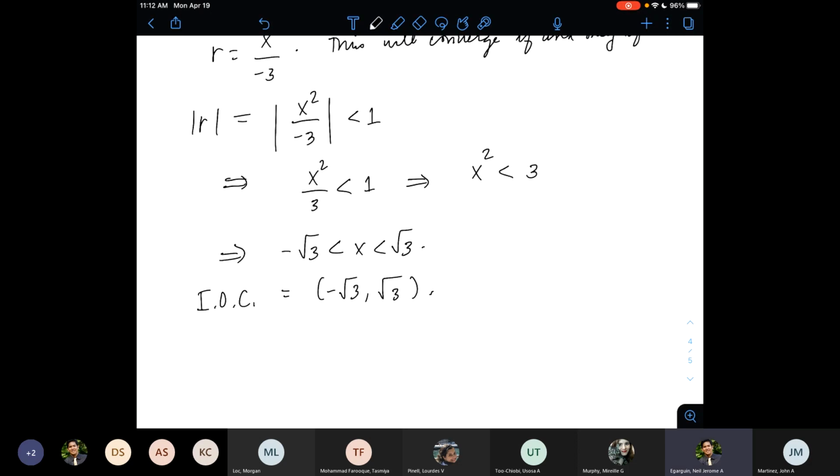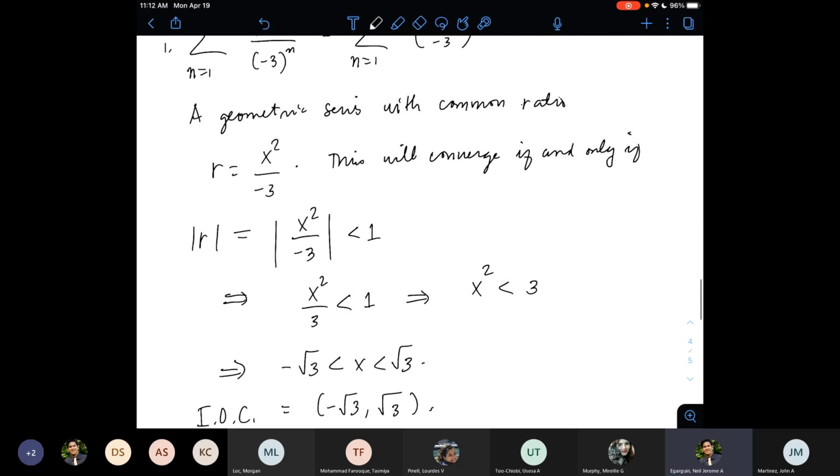If you use the ratio and the root test, you would have needed to check at the endpoints, because at plus or minus root 3, the limit when you take the ratio will be equal to 1. So you need to test them. But here I didn't use the ratio or the root test.